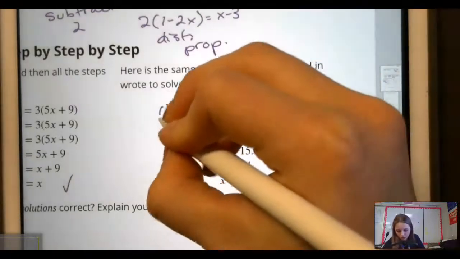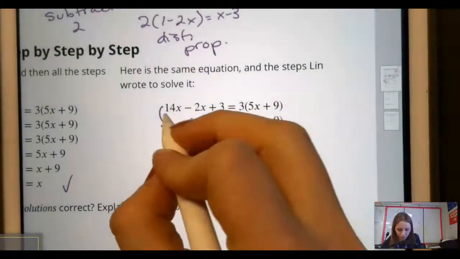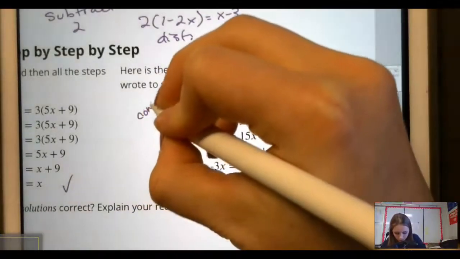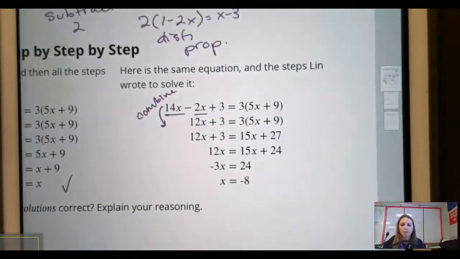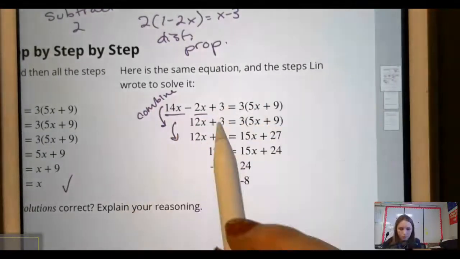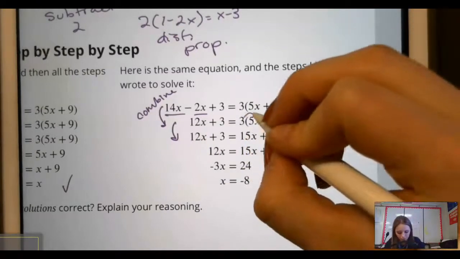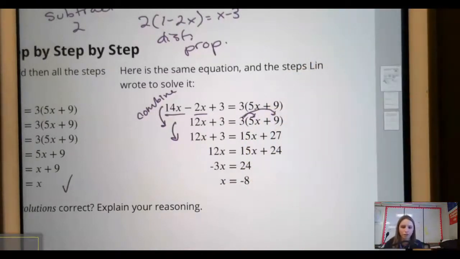Alright, so from here to here, they had that same first step, and they combined those like terms. And then our second step here, let's see what happens. Well, the left side stays the same this time, and it looks like over here, Lynn distributed that 3.